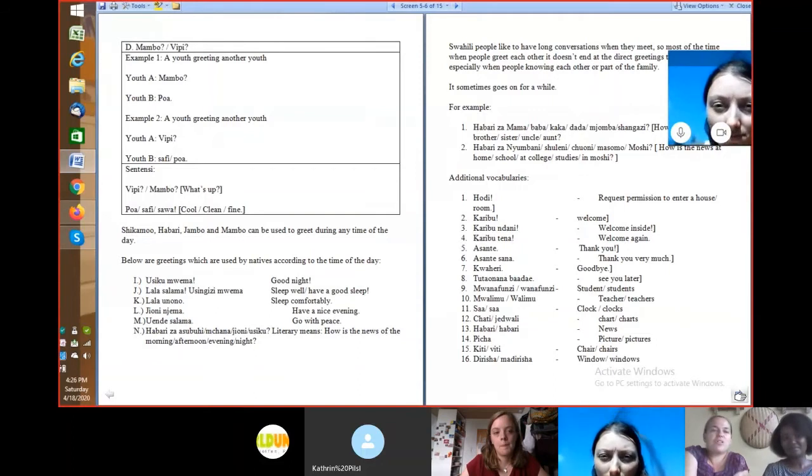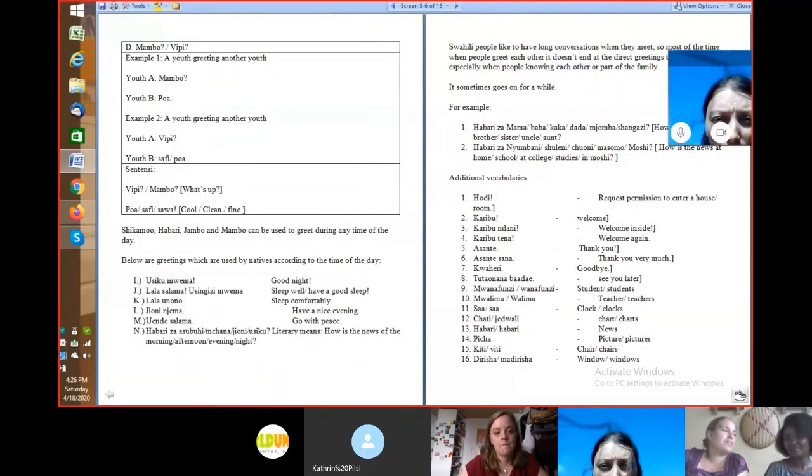So now we come actually to the most common greeting which you hear every day on the streets, especially between youth. It is actually a greeting I was not allowed to use when I came here the first time, like 12 years ago, when I stayed with a host family. My host brothers and sisters were greeting each other with Mambo, and my host parents were not really happy about that, because at that time it was not really the proper way of greeting.